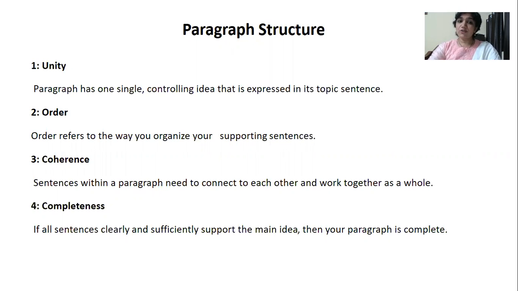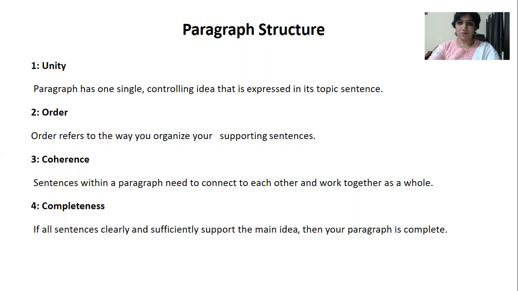Order refers to the way you organize your supporting sentences. For example, if your supporting sentences do not do their work, that is, to actually support the topic sentence, then it gets disjointed and it is not put in order, right? So you need to know that whatever you write should be related to the topic, and that forms the unity. And order is it should follow the topic sentence.